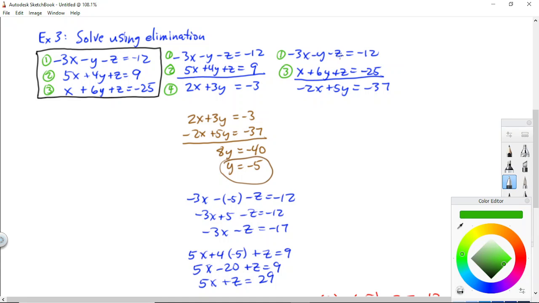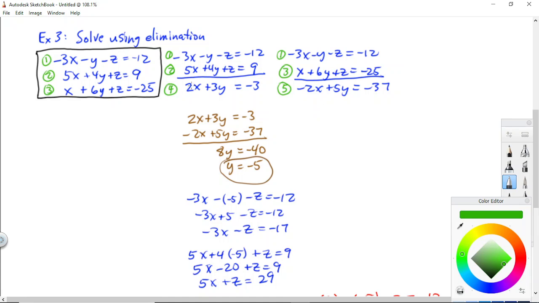In real life, you'll usually have to multiply one of these by something or multiply both of them by something, but we'll be doing some of those later. For now, we have this one that's easier. Add those two equations together and we get this. We'll call it equation 5. Okay, and it doesn't have any z's in it because we eliminated the z right there.